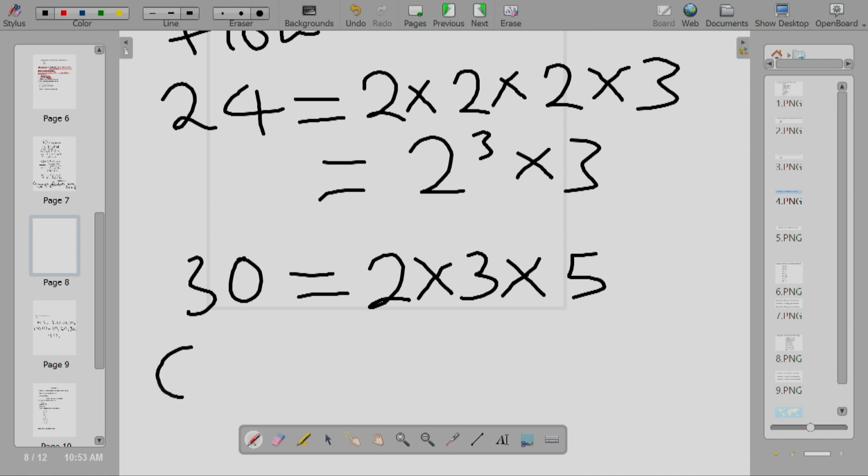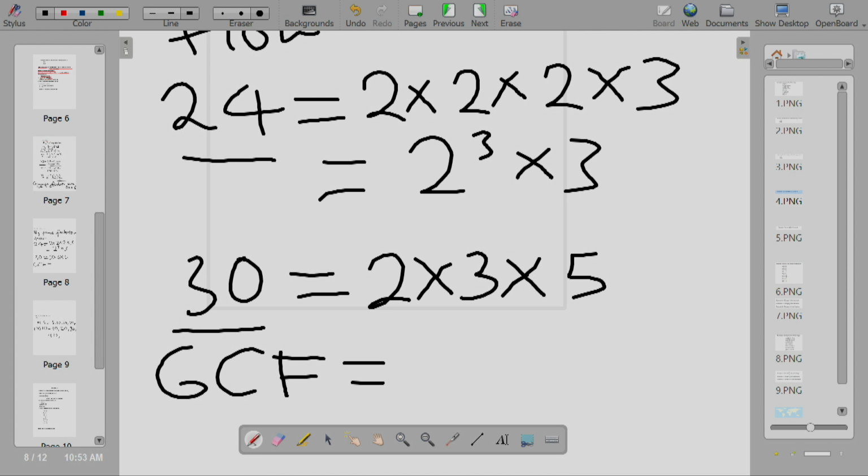So the GCF between these two numbers, 24 and 30, will be equal to the multiplication of the pairs of numbers that appeared in both numbers.